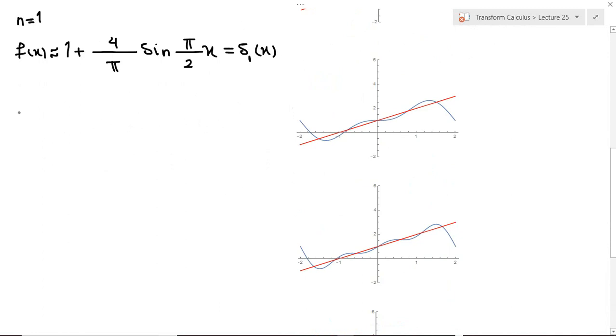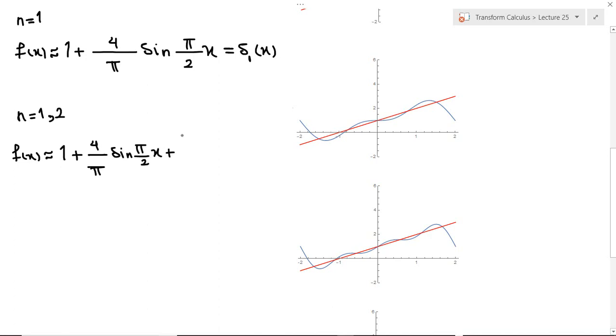So I find the Fourier series when n is equal to 1 and 2. In this case, f(x) is almost equal to 1 plus, for n equal to 1, 4 over pi sine(pi over 2 x).